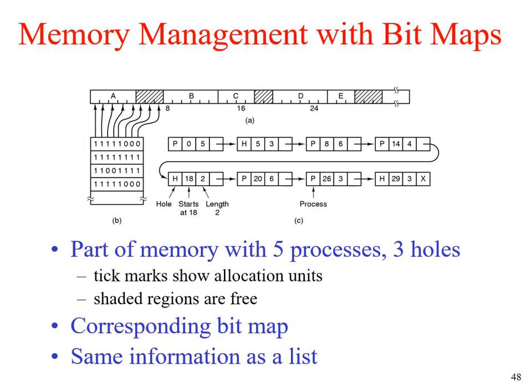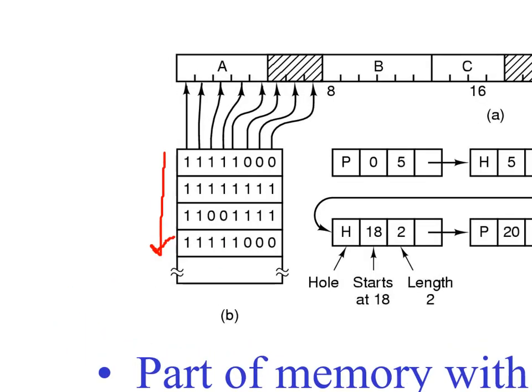We have 5 processes, and these 5 processes have the following bits. If you look at process A, process A has 1 1 1 1 1 0 0 0.